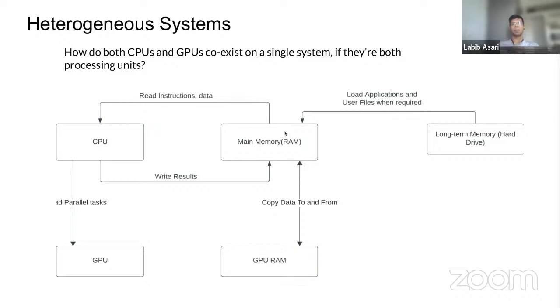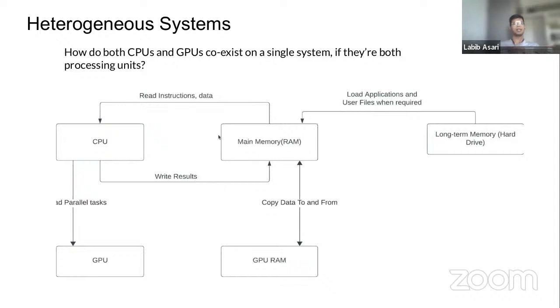First, they are loaded into the main memory, and the command is still with the CPU. It decides what to do with them, and then it realizes that matrix multiplication is a highly parallelizable task. So after loading the data into the main memory, it copies that data to the GPU memory. Remember, GPUs also have their own memories, which were designed specifically to load huge amounts of data at the same time.